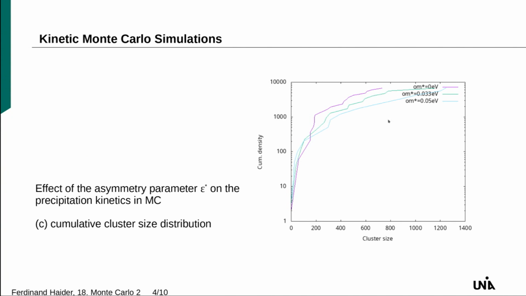Yeah? And no, it's not the case here. Look here. So at equal sizes you have less here if you have a positive epsilon. So I don't know, but you see at least there's a considerable difference.